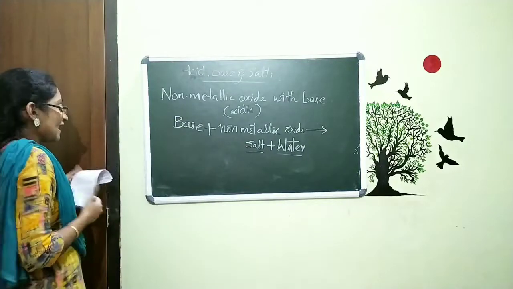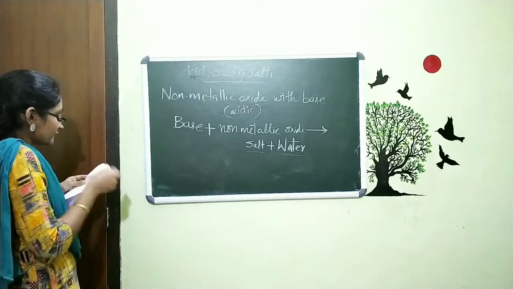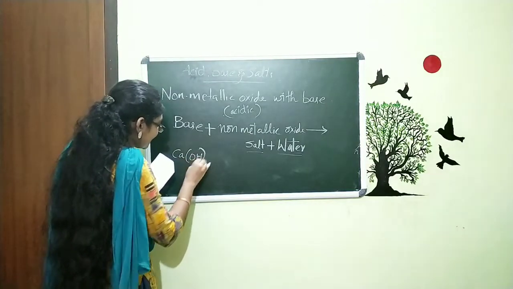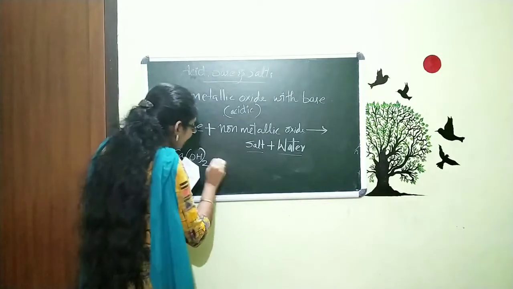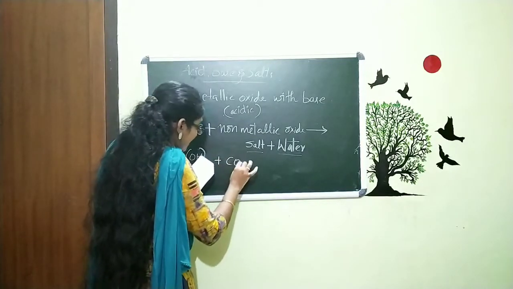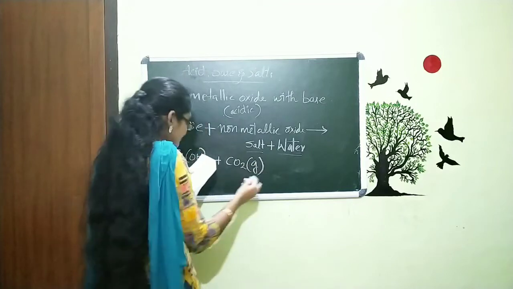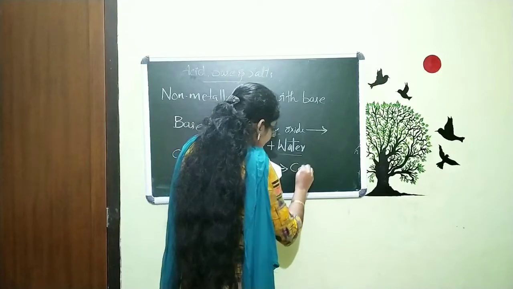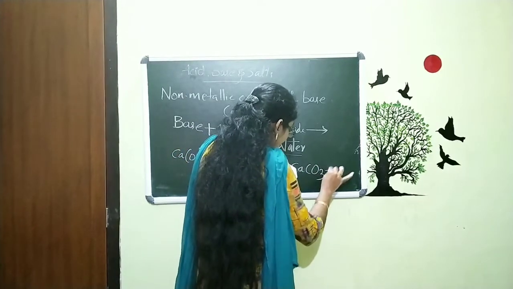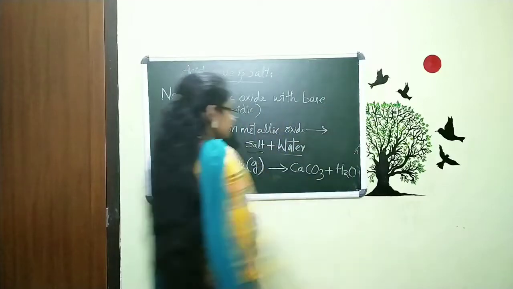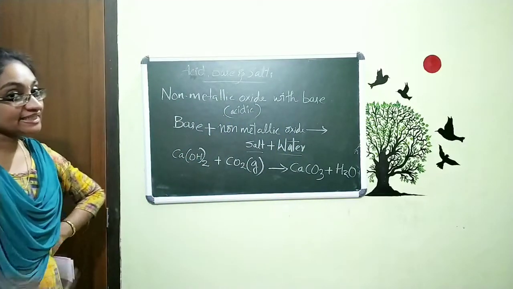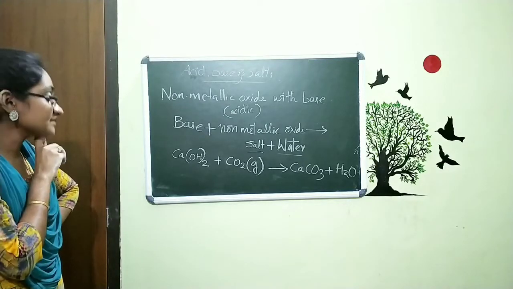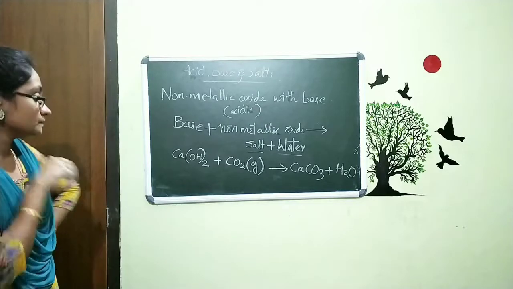So as an example, you want to study the equation: Ca(OH)2 reacts with carbon dioxide gas, then we get CaCO3 plus H2O. This is the reaction you already studied in the last chapter. Ca(OH)2 plus CO2 gas gives CaCO3 plus H2O.